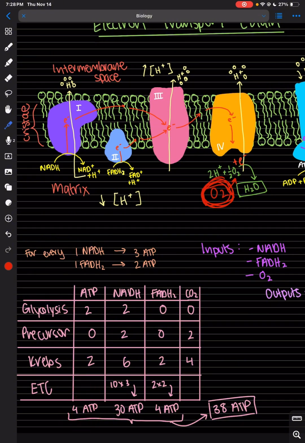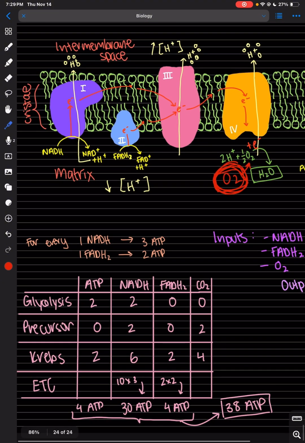And in the ETC, there's not really any ATP made along the way, because they're all made at the end, right? In glycolysis, we made 2 NADH. In the precursor steps, we also made 2 NADH. And in the Krebs cycle, we made 6. So in total, this is 10 NADH, right? And I said that for every 1 NADH is 3 ATP. So if there's 10 NADH, we have 30 ATP.